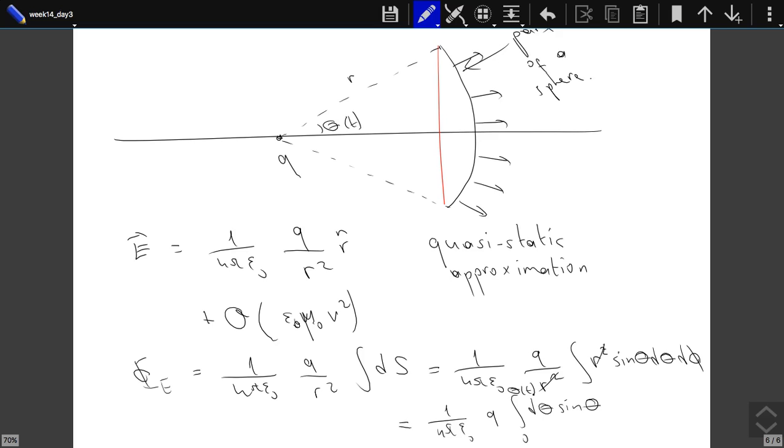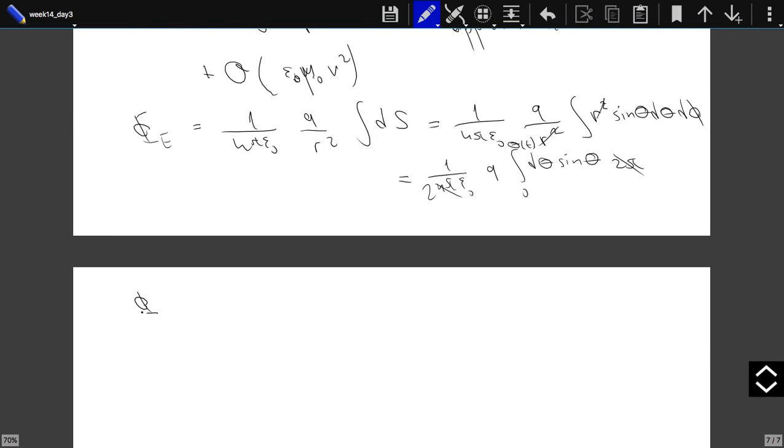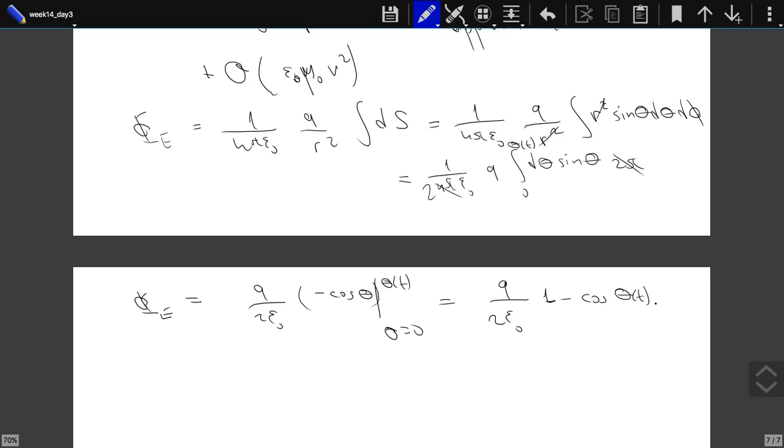And the phi integral, phi goes from 0 to 2 pi, giving 2 pi. This cancels this one, I have a 2. So the electric flux is q over 2 epsilon 0 times the integral of sine, which is minus cosine theta, and theta goes from 0 to theta of t. So this is equal to q over 2 epsilon 0 times 1 minus cosine of theta of t.